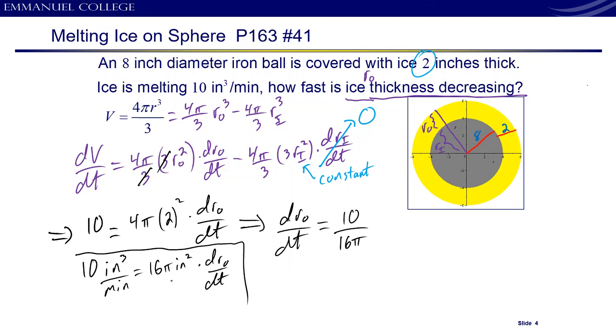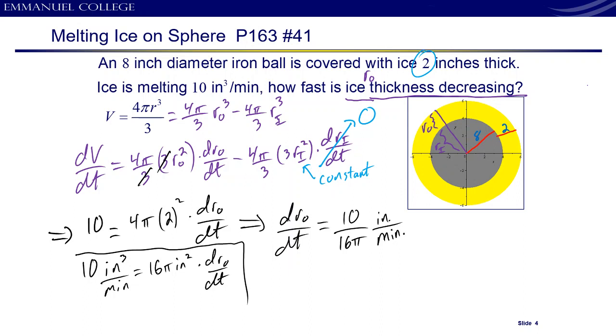So that's actually going to cancel, and you get 10 over 16 pi inches per minute, because it is telling about the radius. So how fast the ice thickness is decreasing is also asking, because it's uniformly melting around it, you can identify it by how fast the radius is shrinking.